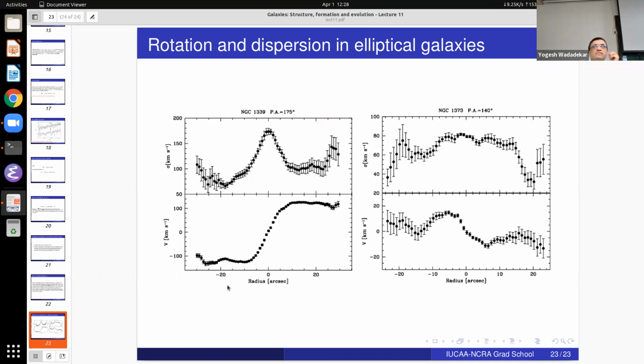The motion is totally random in the elliptical galaxies, but they are not flat. But if there are rotating elliptical galaxies, then what is it do? See, they could still be rotationally supported. So what is meant by rotationally supported and pressure supported? How will you check for a particular galaxy whether it's rotationally supported or pressure supported?